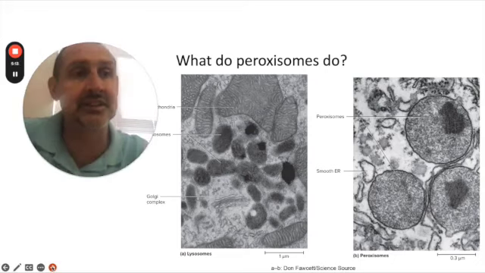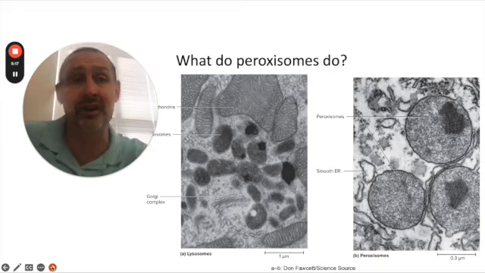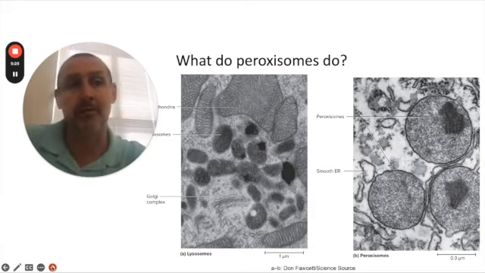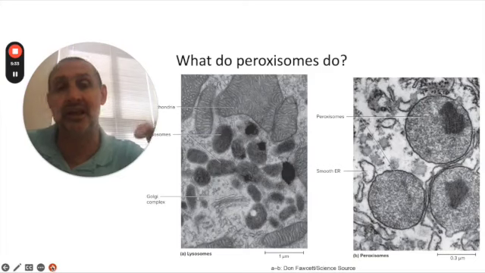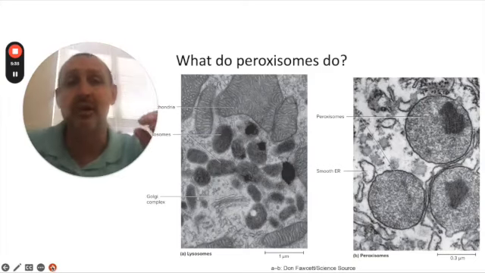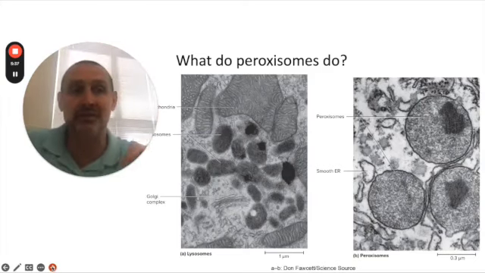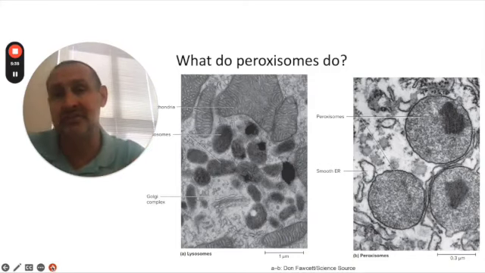Oxidative stress is when there are too many free oxygens floating around that need to be connected to some other molecule. Those oxygens can create a chain reaction of unpaired electrons, and that can damage all kinds of organic molecules. So peroxisomes help to bind those up and reduce that oxidative stress.